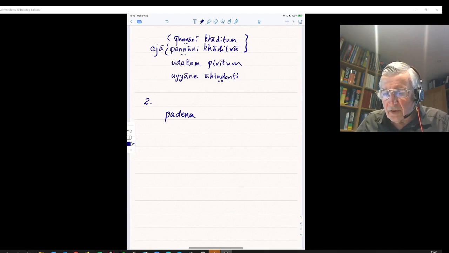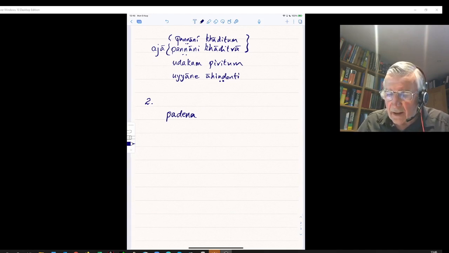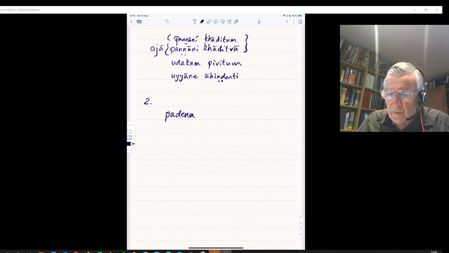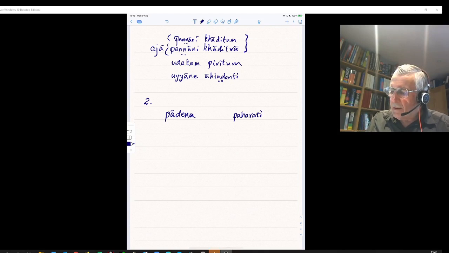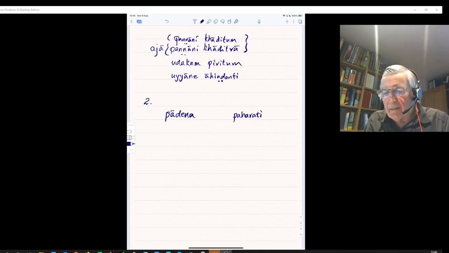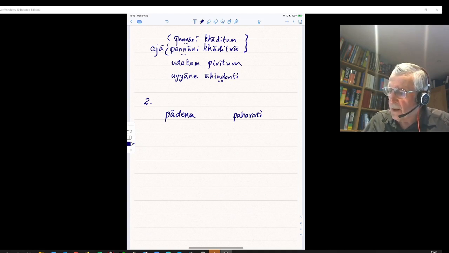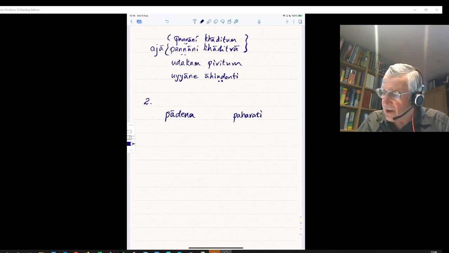To kick the dog. Padena, to kick, paharitum. Padena paharati, he kicks. Padena, I'm leaving these spaces deliberately. He kicks, paharati. Padena paharati, he kicks. He wants to kick.